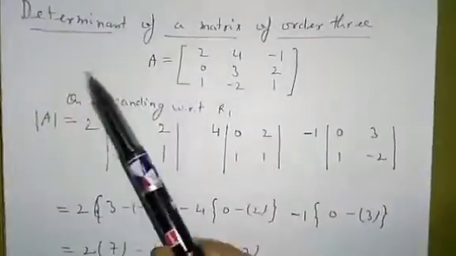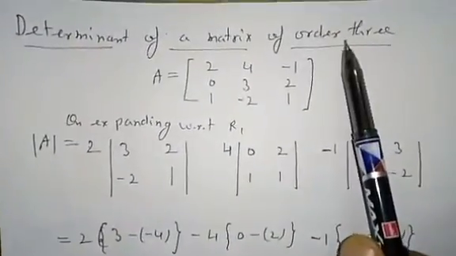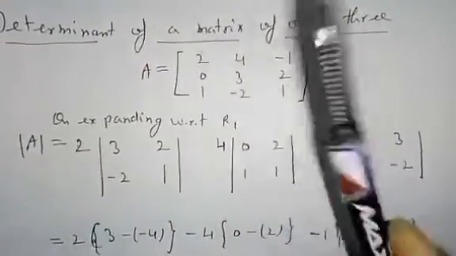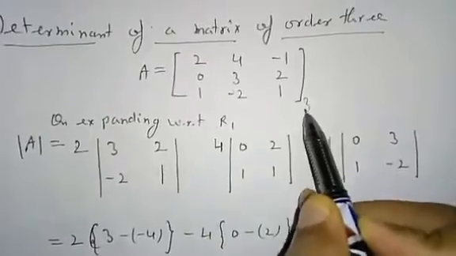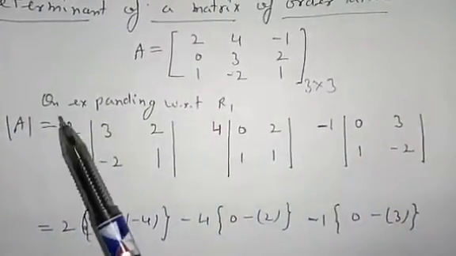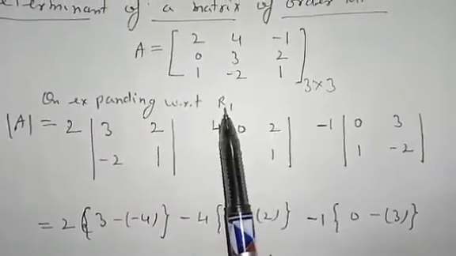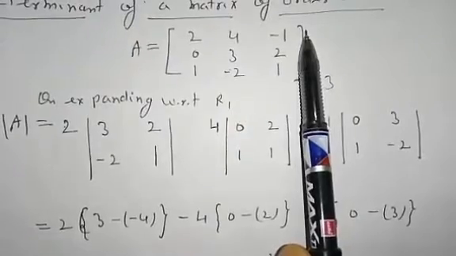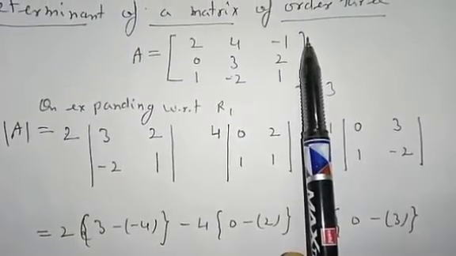Now we take the determinant of a matrix of order 3. For this purpose, we take a matrix of order 3, means order is 3 into 3. So now we are expanding with respect to R1. This is R1. With respect to this one, we are expanding. Here we are free to expand this one.